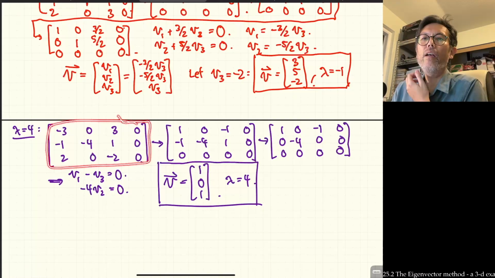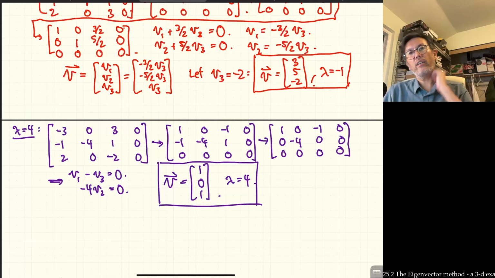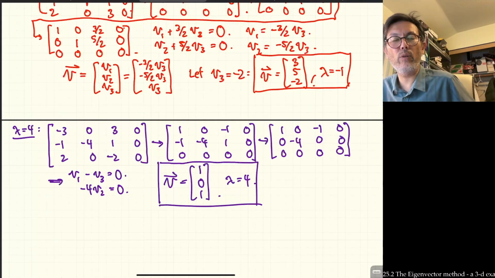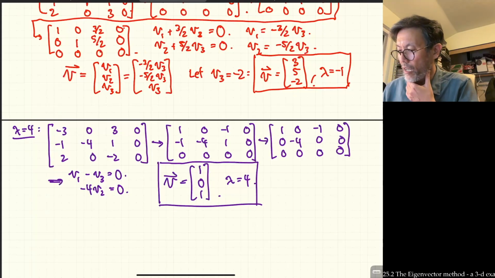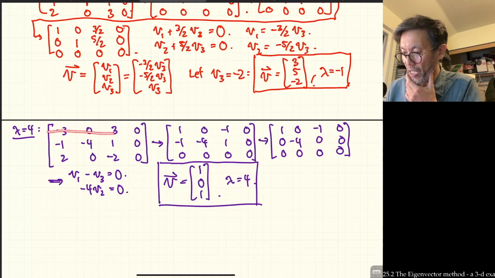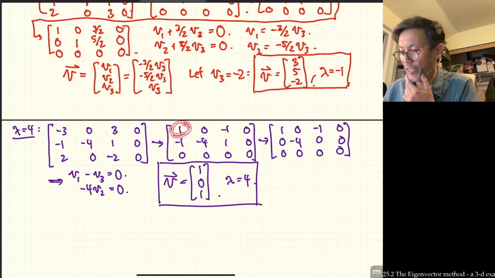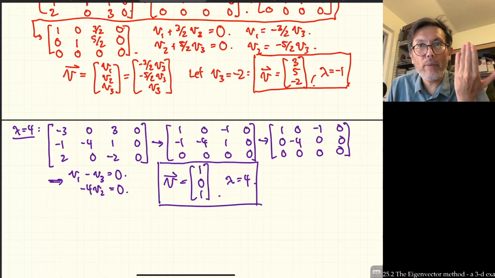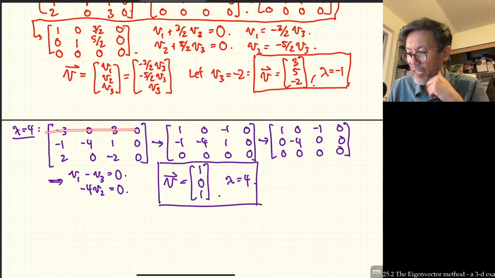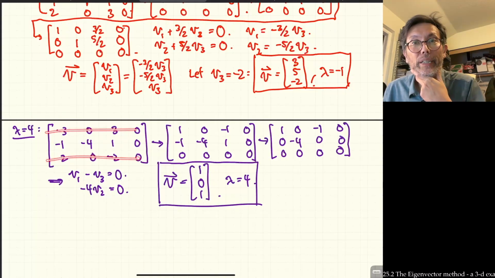Okay. Then I did row reduction, in order to understand this linear system in V1, V2, and V3 a little bit easier. What I did is I multiplied the first row by negative 1/3 to make this 1 right here. And then I can see with my eyeballs that row 1 is a scalar multiple of row 3.